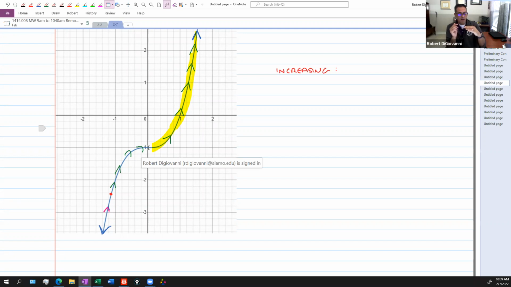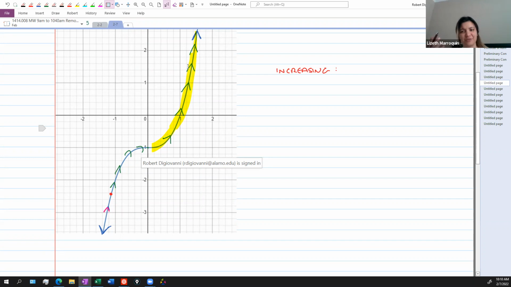Here, at the most, we're maybe constant at one point. So that doesn't count. We would still consider this to be increasing the whole time. It's a little weird subtlety about increasing, decreasing, and constant. You need it to be on an interval. So if you're moving from left to right, you're going up, up, up all the time. Yeah, you flatten out for just an instant, but you keep going up.